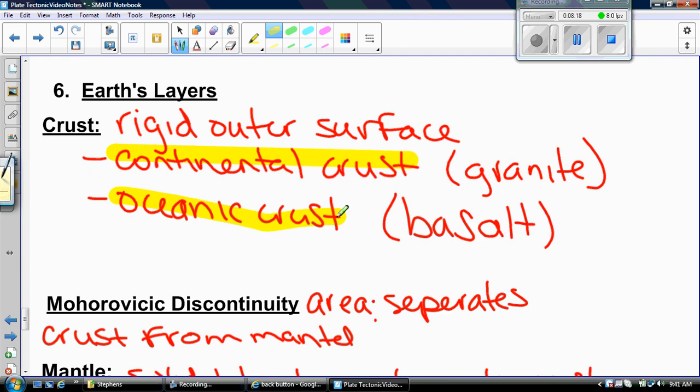Continental crust is the crust that contains our continents. Oceanic crust is the type of crust that contains our ocean. One thing you definitely want to remember is that the oceanic crust is denser. It is heavier than continental crust.